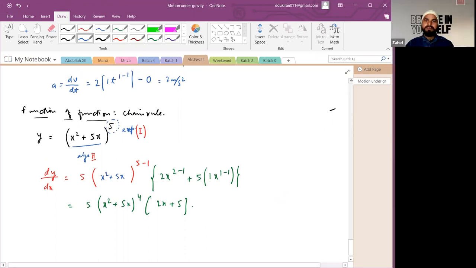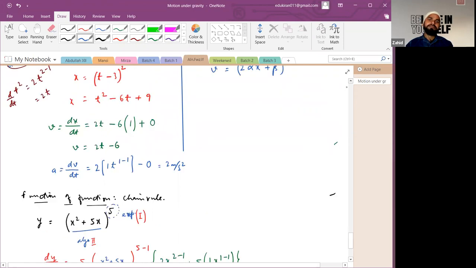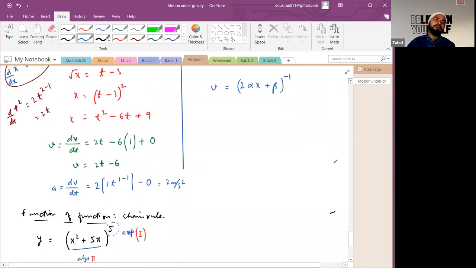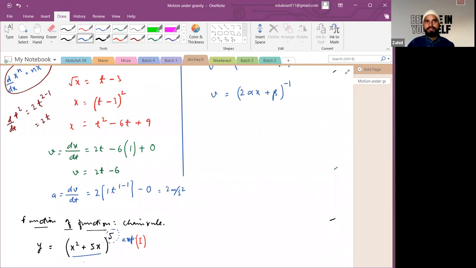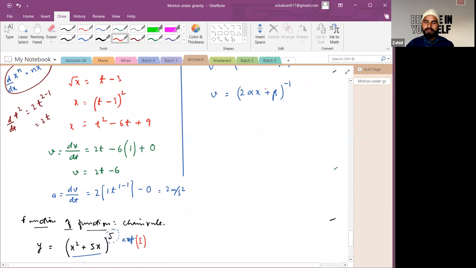Similarly, just see in this expression, can we say this is nothing but a composition of two different functions for velocity? Yes. So which are the two functions in this particular part?